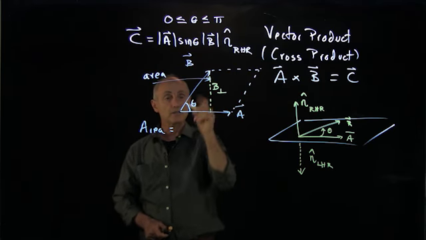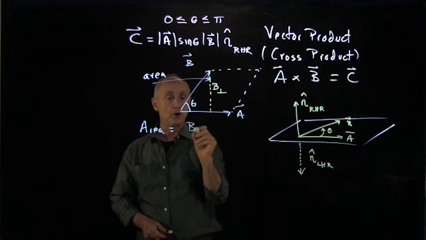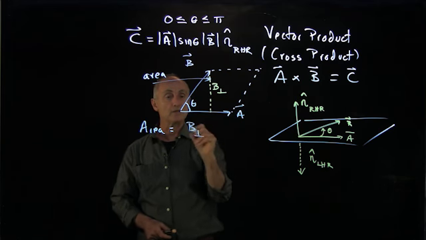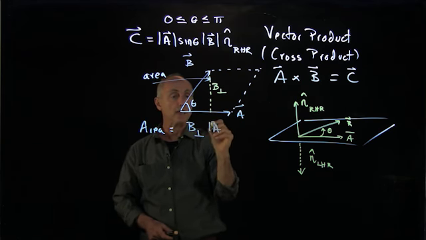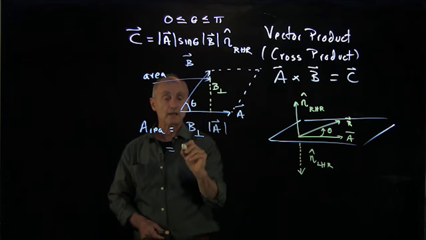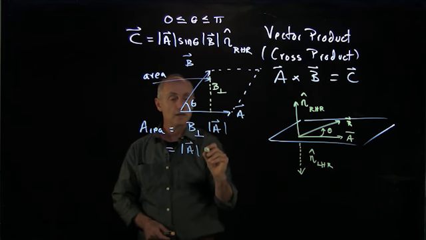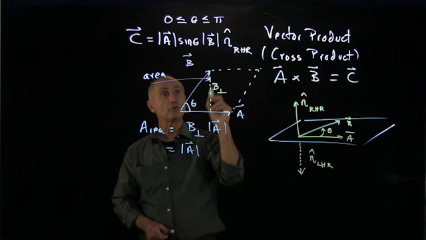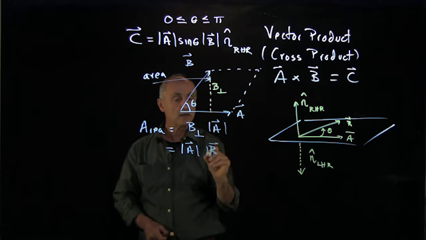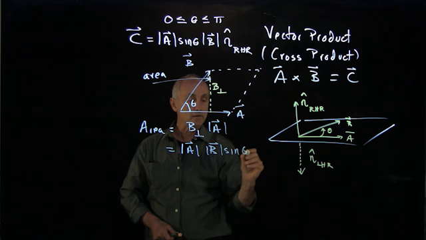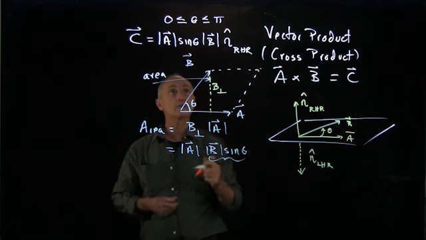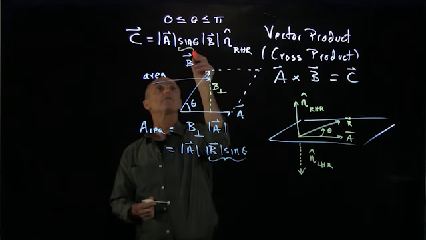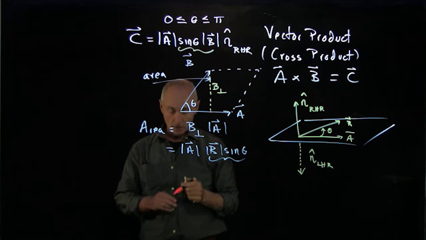The area is the height, so that's B perp, times the base, which is the magnitude of A. And we can write that as the magnitude of A times the magnitude of B perp, which is B sine theta. So this quantity, B sine theta, is precisely what's occurring there.